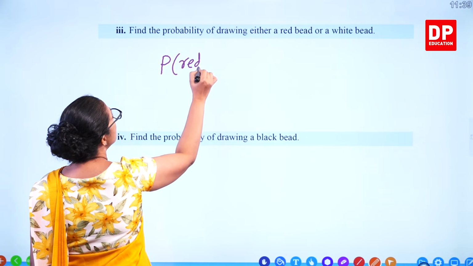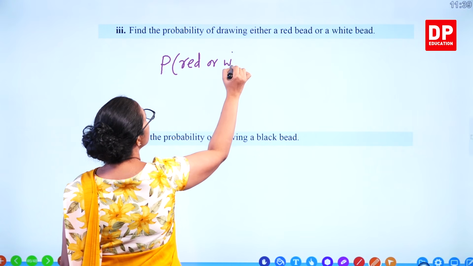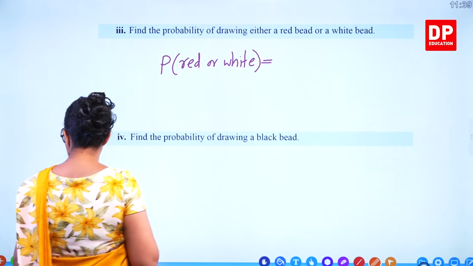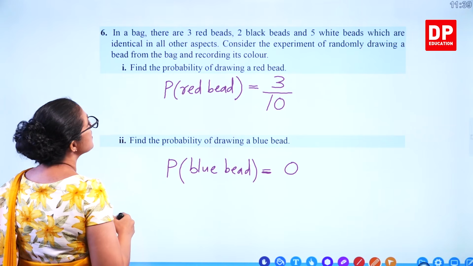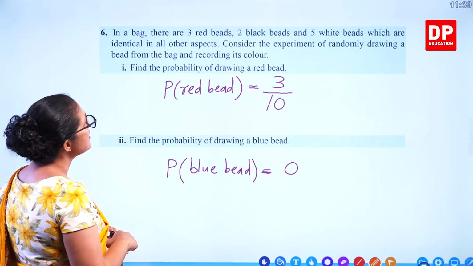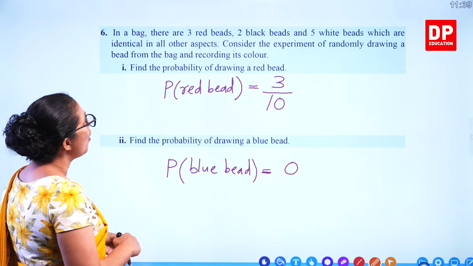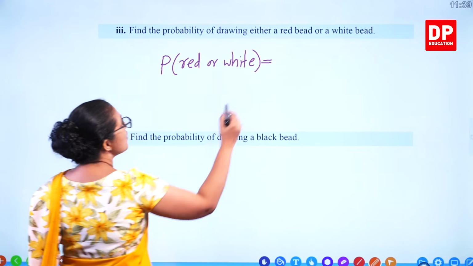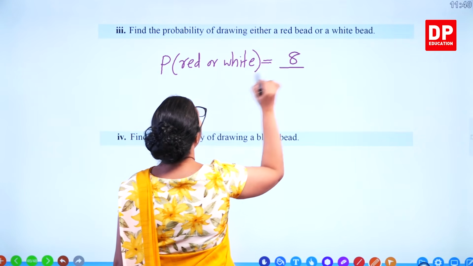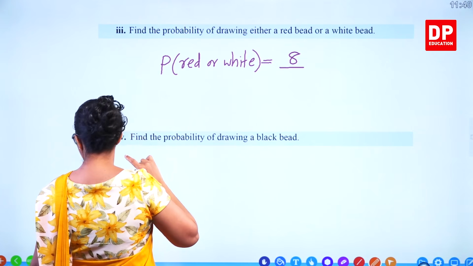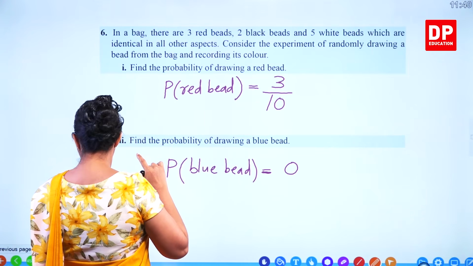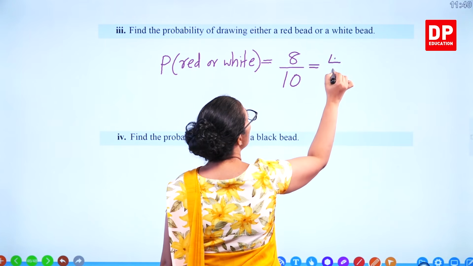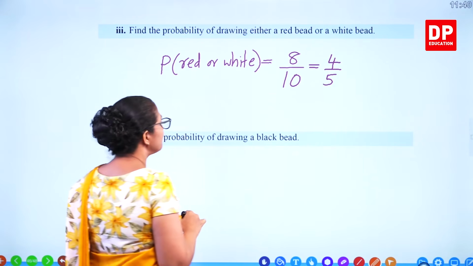Red or white. So we have to count altogether how many red ones and white ones. 3 red ones and 5 white. Altogether 8. You get 8 red or white out of, what's the total? 10. Divide by 2, you get 4/5.